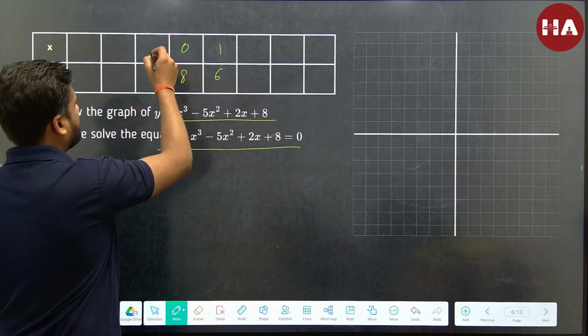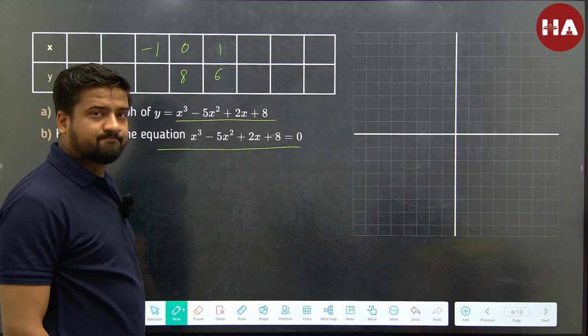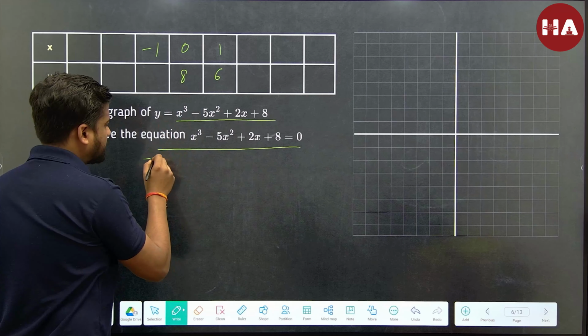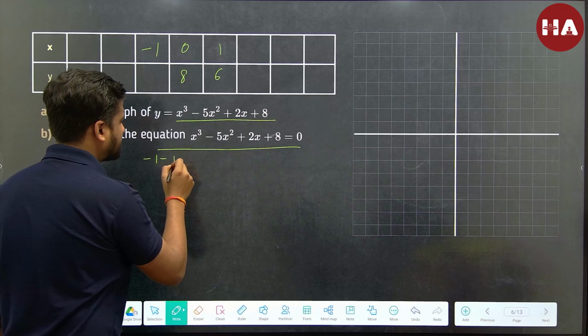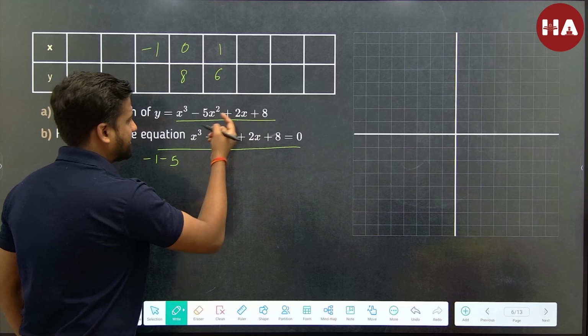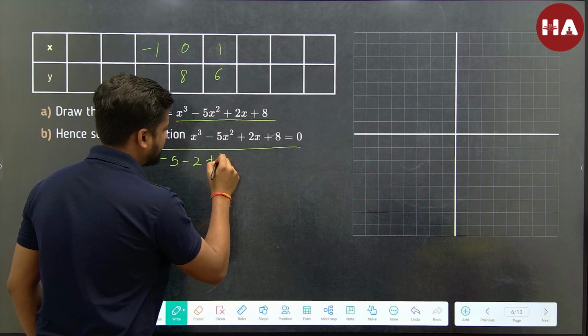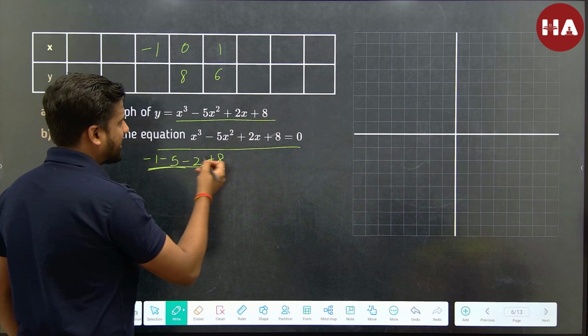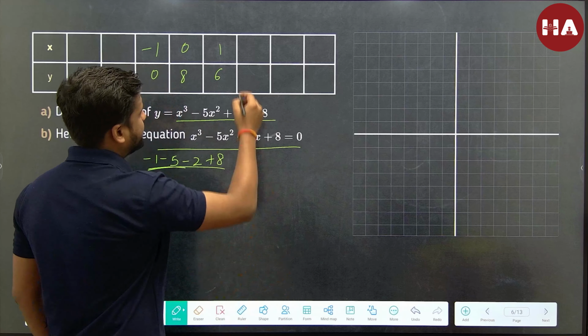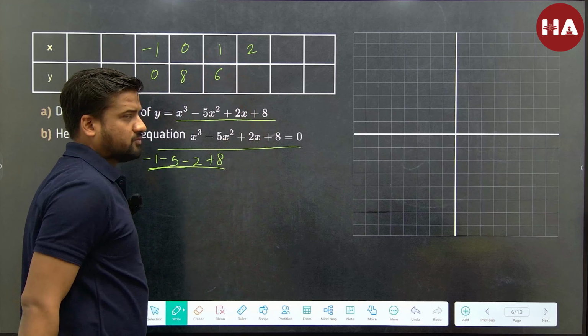Now let's talk about minus 1. When x is minus 1, this is minus 1, this is minus 5, this is minus 2, plus 8. On solving, it becomes 0, right? Now let's talk about x as 2.